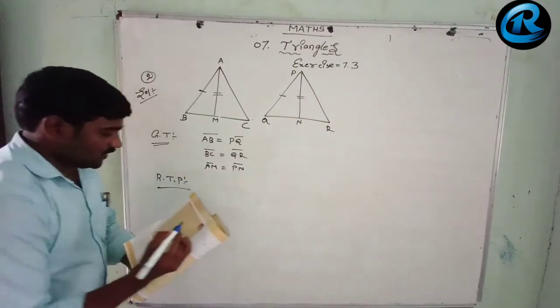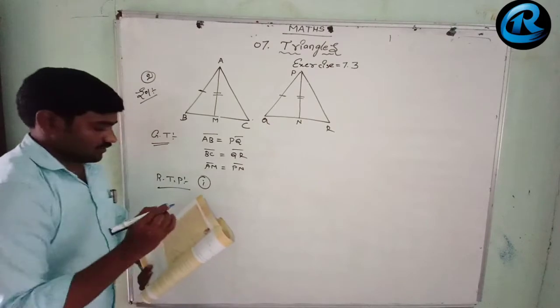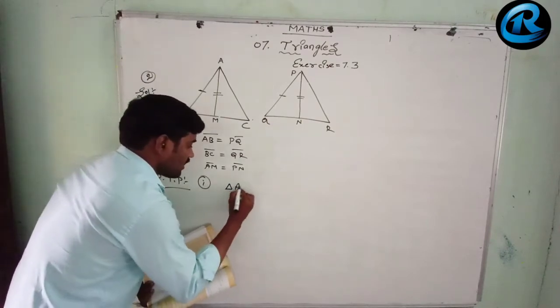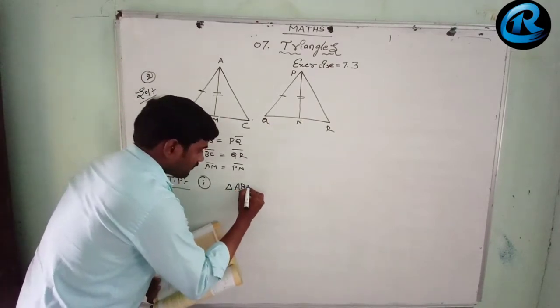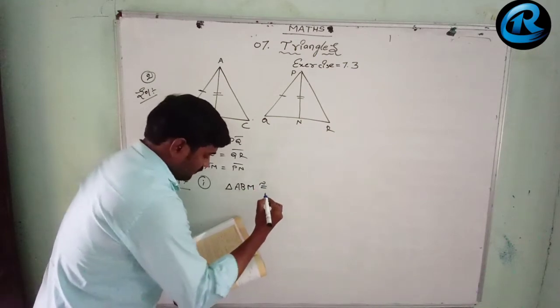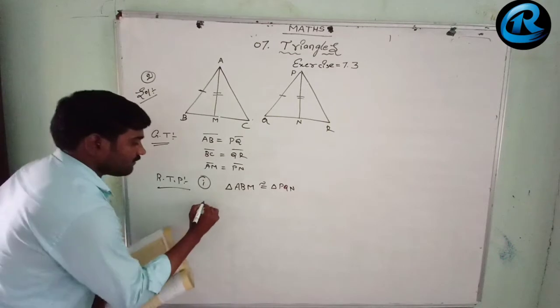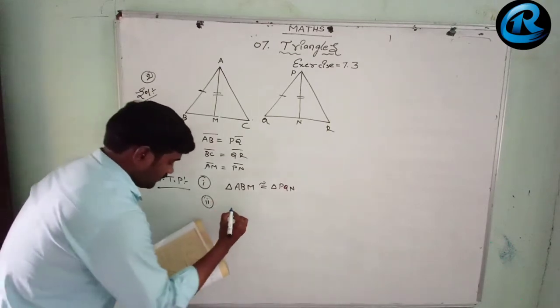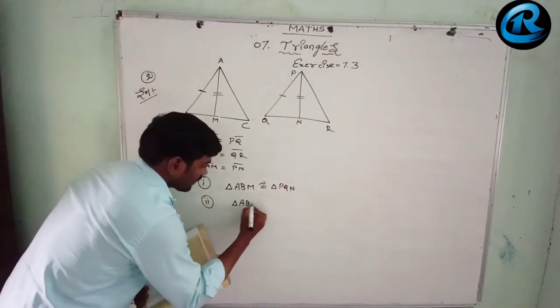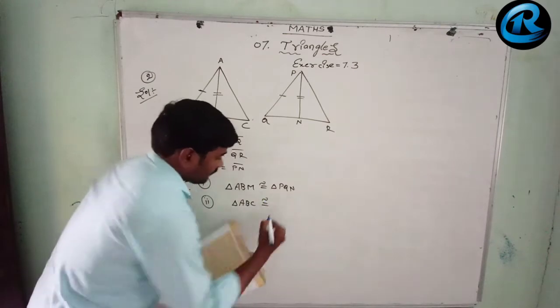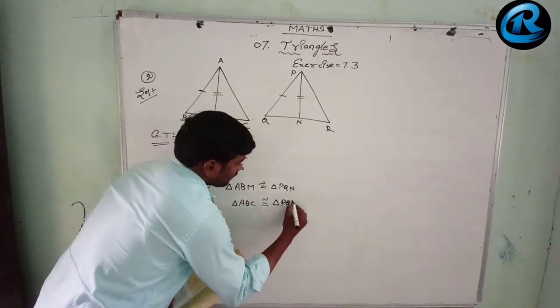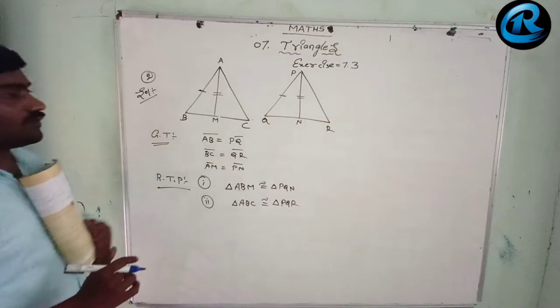So what do we need to prove? The first one, triangle ABM is congruent to triangle PQN. Then the next one, triangle ABC is congruent to triangle PQR, if you want to prove it.